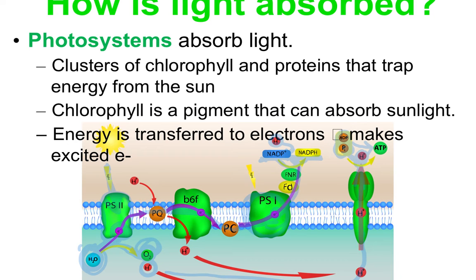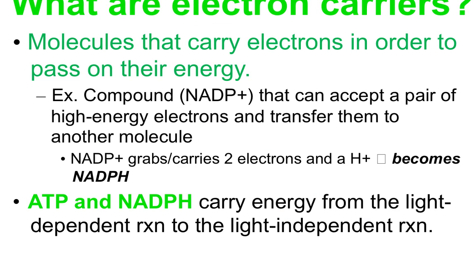So to kind of simply summarize this, we need water and we need sunlight, and through the process of making energy, we attach the hydrogen to NADP, and it assists ADP in making ATP. Molecules that carry electrons in order to pass on their energy are what we call electron carriers.